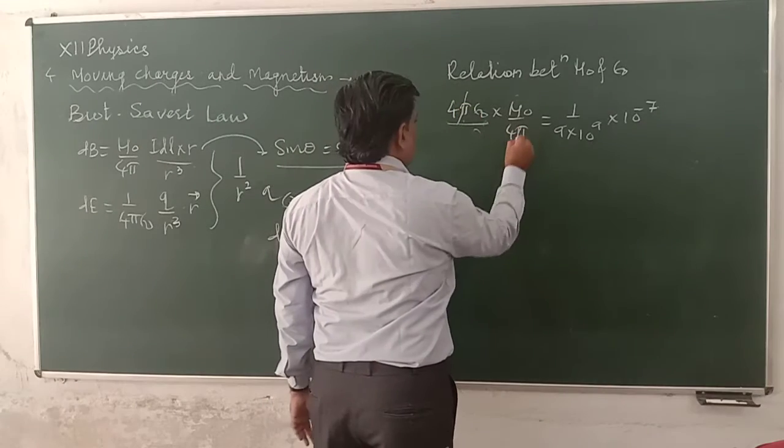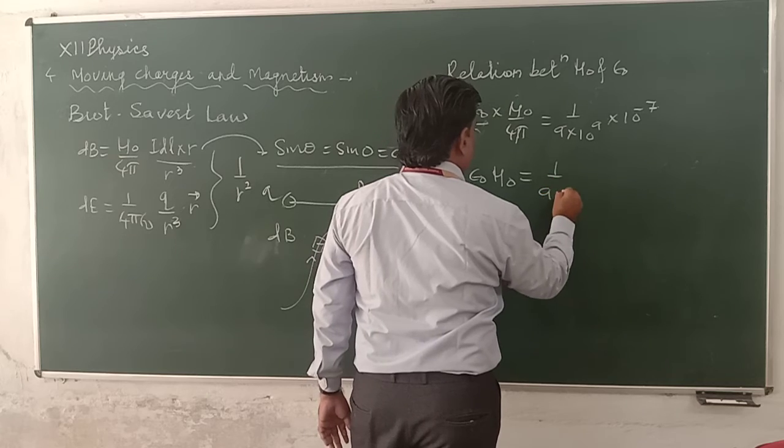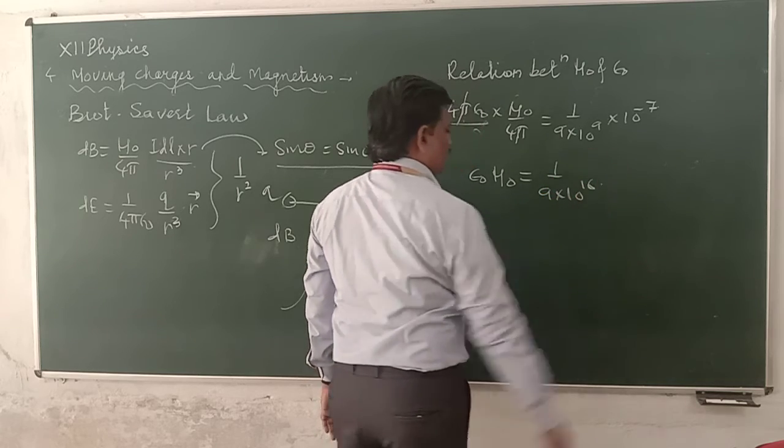So it's getting cancelled. We get epsilon 0 mu 0 is equal to 1 by 9 into 10 raised to power 16.